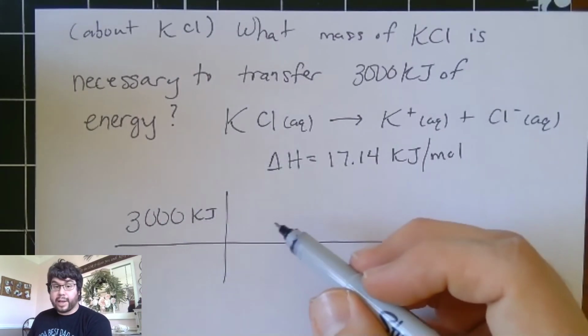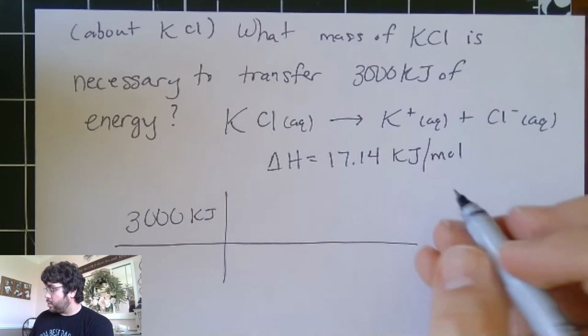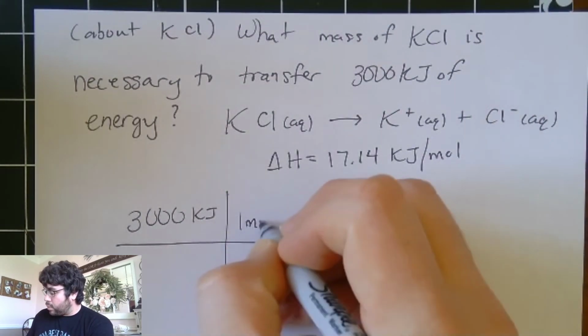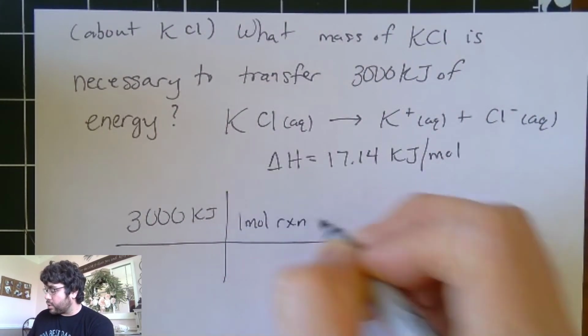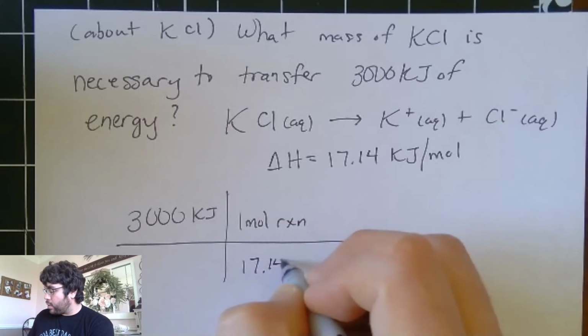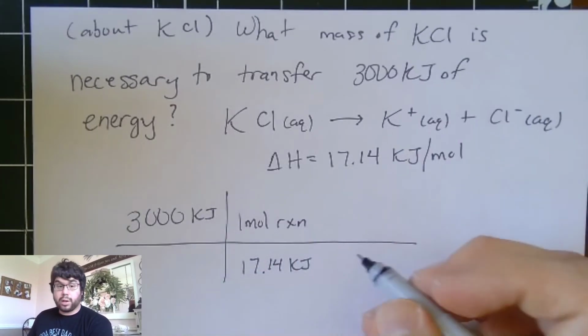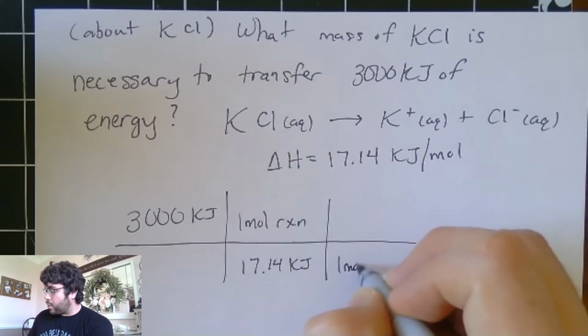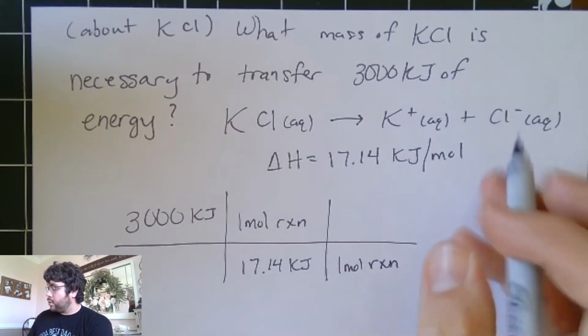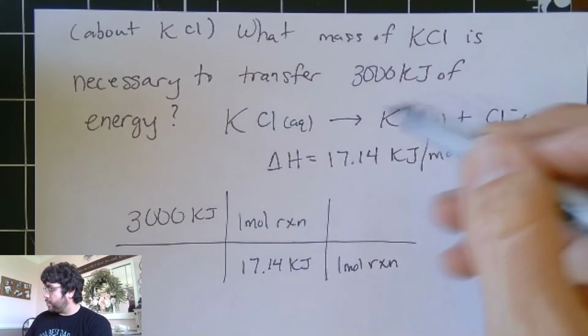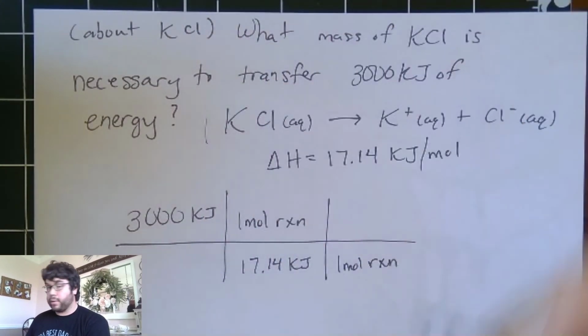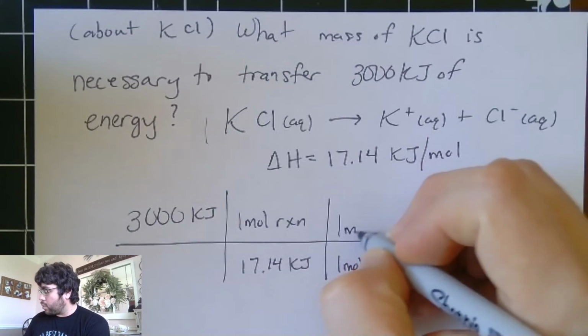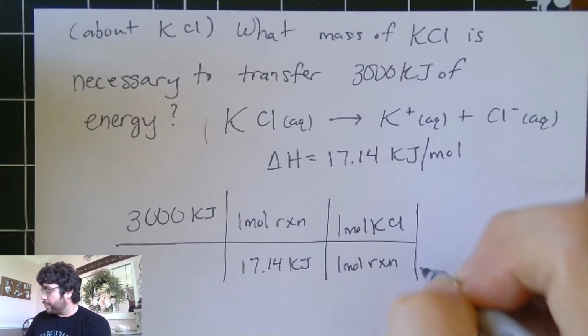We're going to convert that to moles of reaction. So in 1 mole of the reaction, 17.14 kilojoules of energy are released. And then in 1 mole of the reaction, well, 1 times, how much KCl? Well, there's a 1 here. So 1 mole of KCl is dissolved.